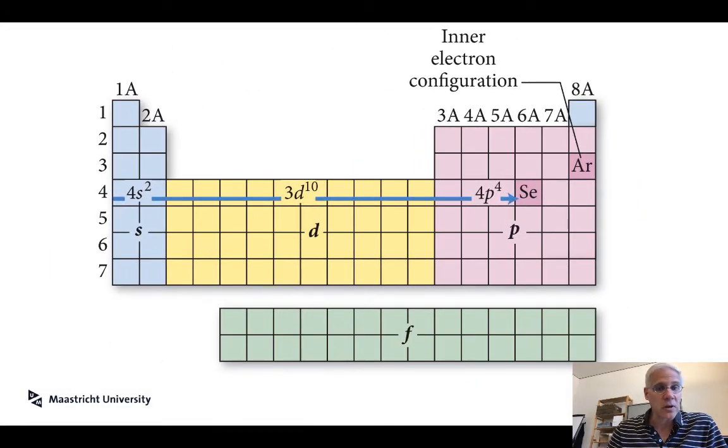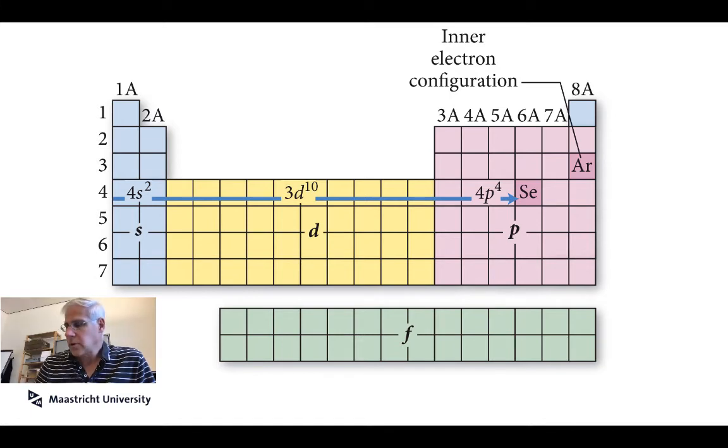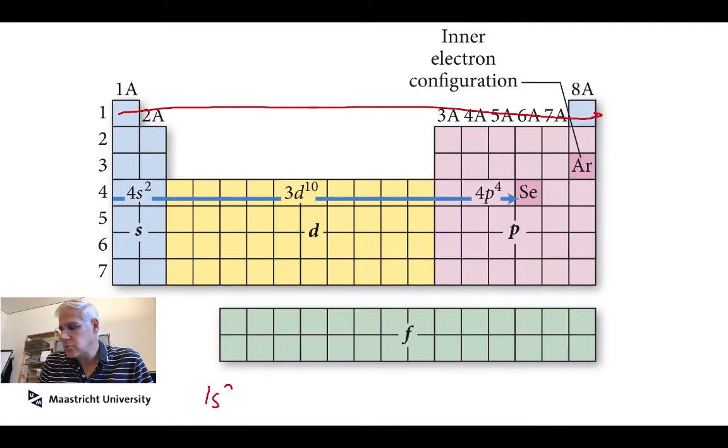Let's try another one. Okay, how about selenium? We've got to go through a little bit more here. We go through the first 2, that's my 1s2. I go through the 2s block, 2s2. I have to go all the way through the 2p block, so 2p6.